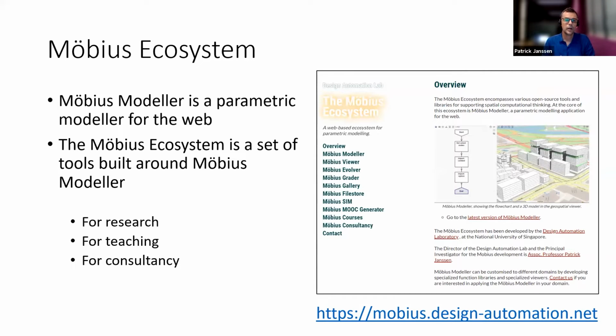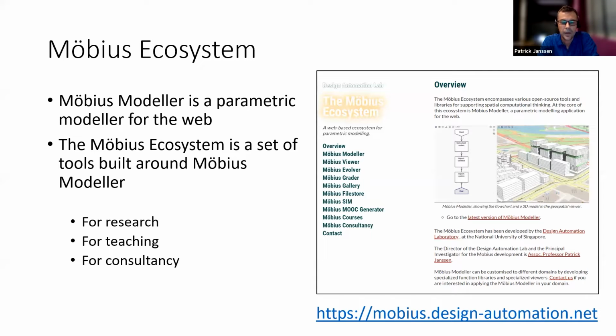So there's this URL here, mobius.designautomation.net, and the Möbius ecosystem is really a whole bunch of tools that have been built around Möbius Modeler, being the main tool that we have been developing.